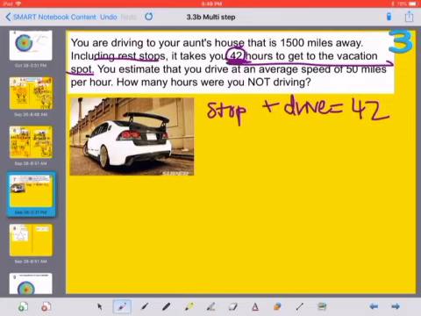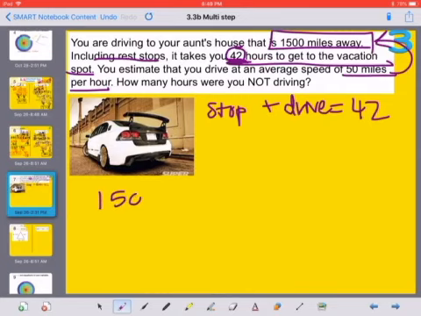So, from one spot to the next, it's 1,500 miles away. But they told us that we drive at 50 miles per hour. So we can go 50 miles every hour. So 1,500 miles total, we can actually divide that by how fast we're going, divide by 50 miles per hour, to figure out how much time it's going to take us if we're driving this fast the whole time to just drive straight through.